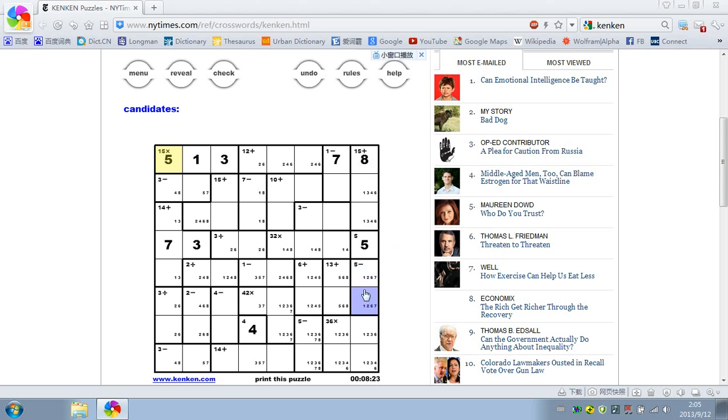And 7 has to appear in these 2 cells for this column. So it must be 2, 7 for these 2 cells. So you cannot have 2 here. And for this one, it cannot be 8, so it must be 6. So 5, 8 for here.